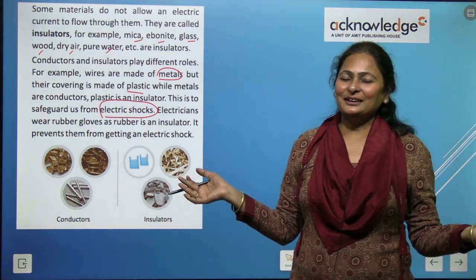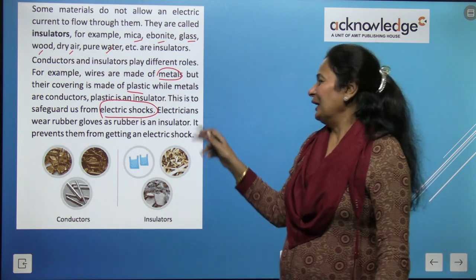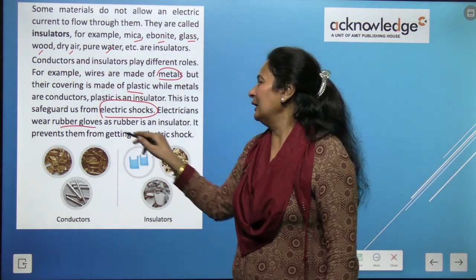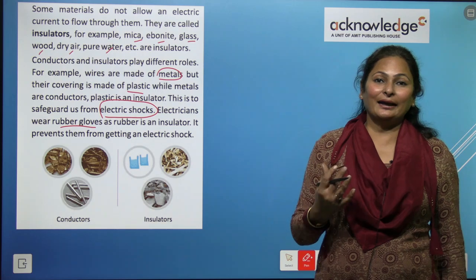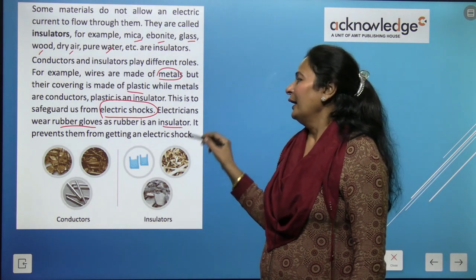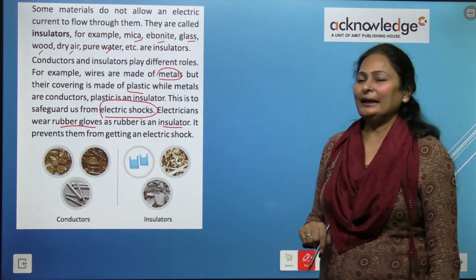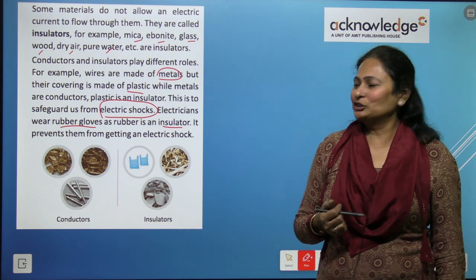Without an insulator, you can imagine. Electricians wear rubber gloves, as rubber is again an insulator. It prevents them from getting an electric shock.